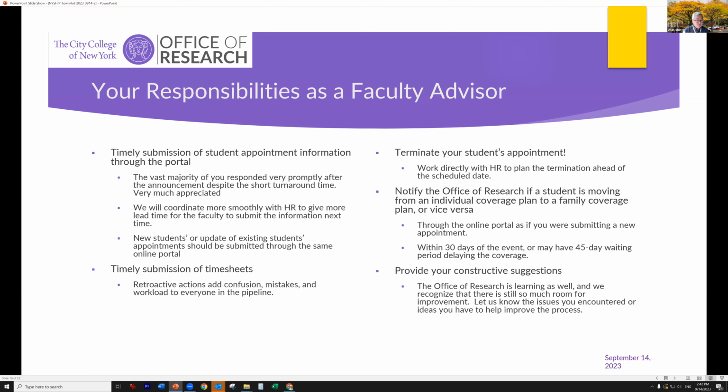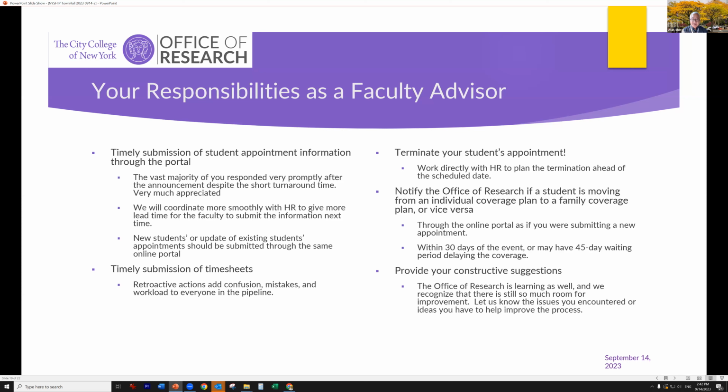And make sure you terminate your student, because you are the one who knows when they are going to graduate. We don't. So you need to take the responsibility to make sure you terminate your student's appointment with HR before they are graduating or for some reason leaving the program.